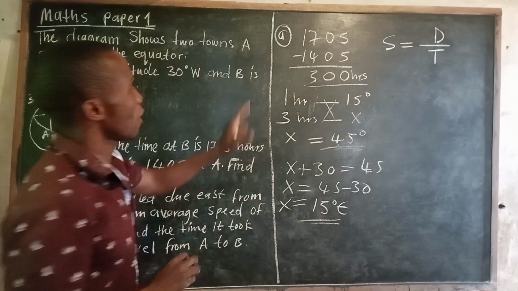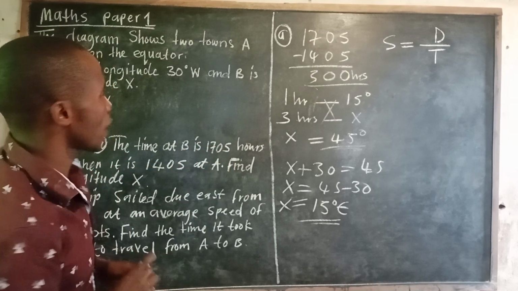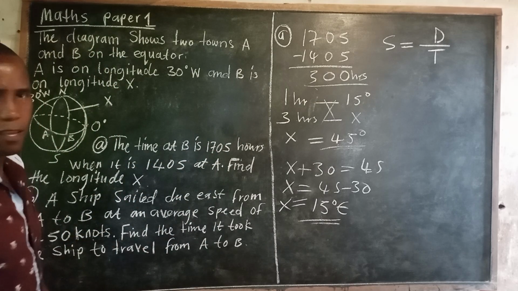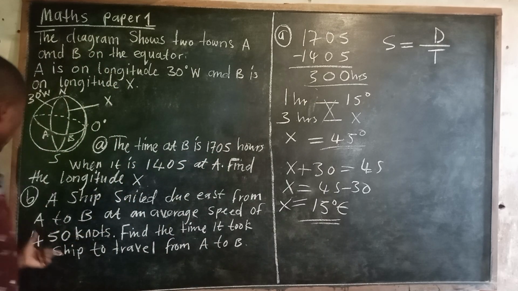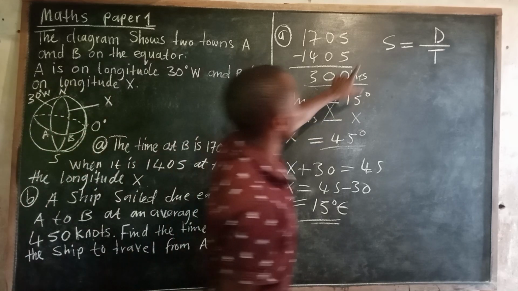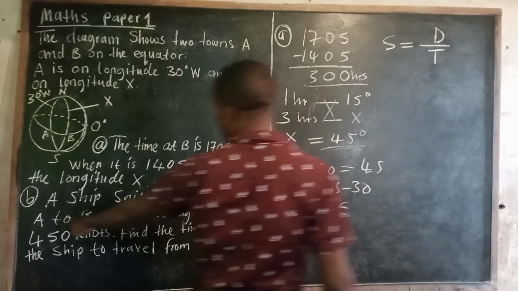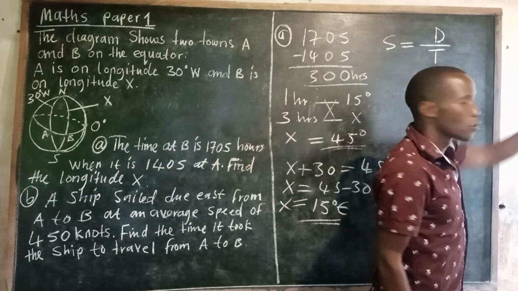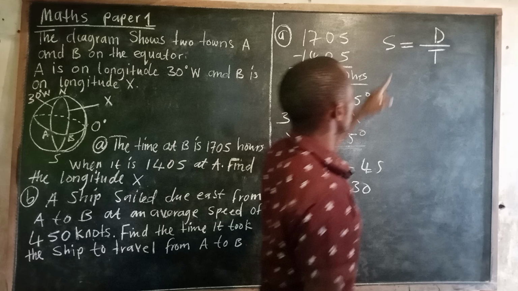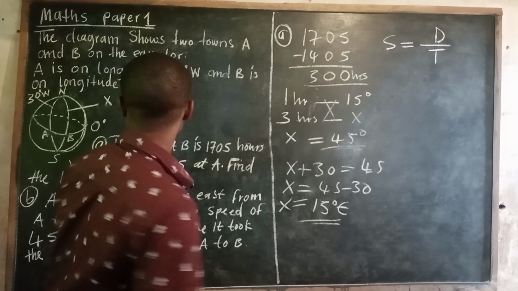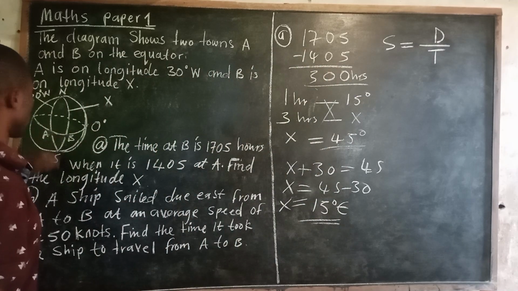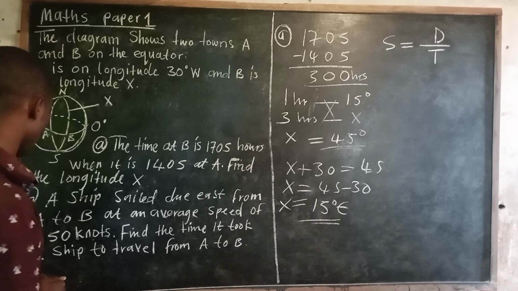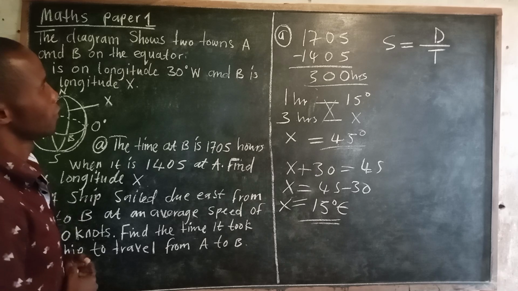Okay. So now from there, we are going to look at things that we are given. Okay. So according to the statement that we have here, the speed is already there. So the speed is what? 450. Do we have distance? No. So now for us to know time, we need to calculate for what? For distance between these 2 points, because they are saying AB. Okay? A to B. Okay?